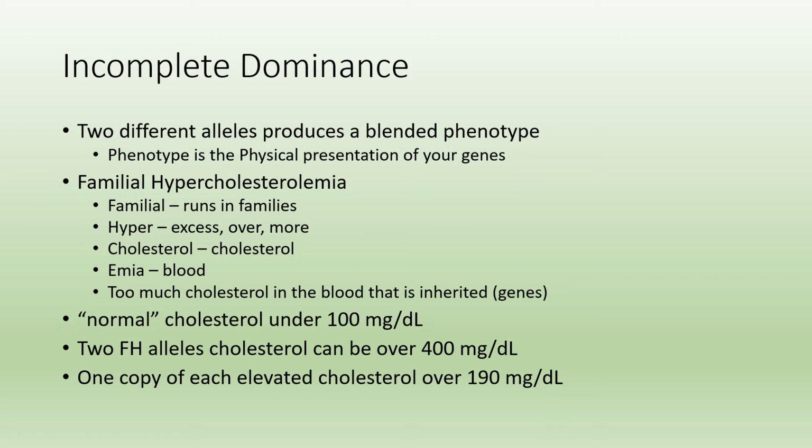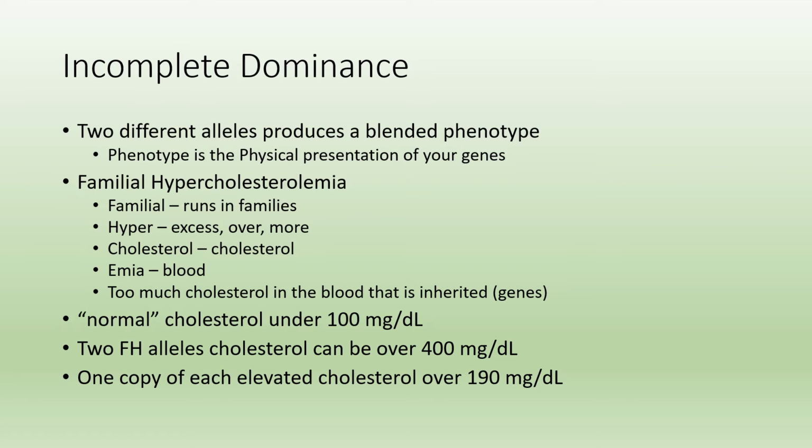If you have 1 copy of the familial hypercholesteremia allele and 1 copy of the normal cholesterol receptor allele, you'll have half as many cholesterol receptors in the liver, and you'll still have an elevated cholesterol, but it is not as severe, and it responds well to medications.